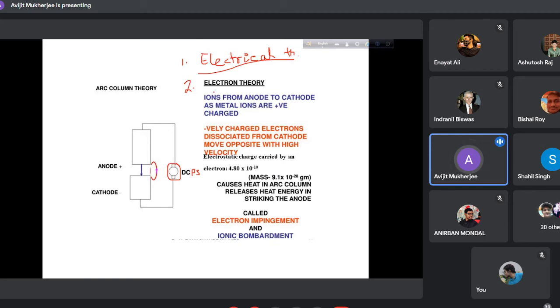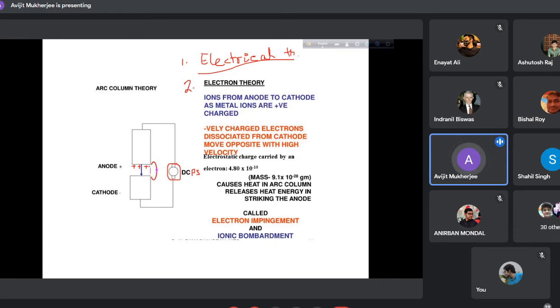Now in the electrical theory, listen carefully. The theory tells that as soon as the two terminals are connected and separated by a small distance, ions will be liberated at the anode terminal.